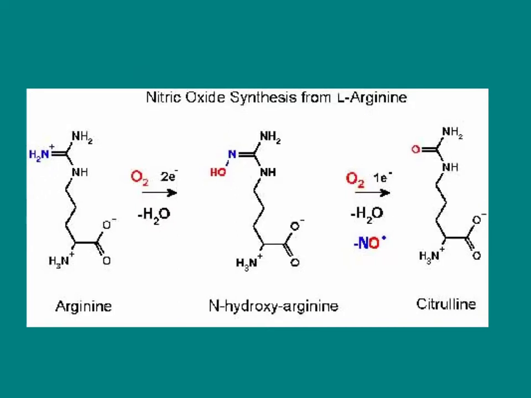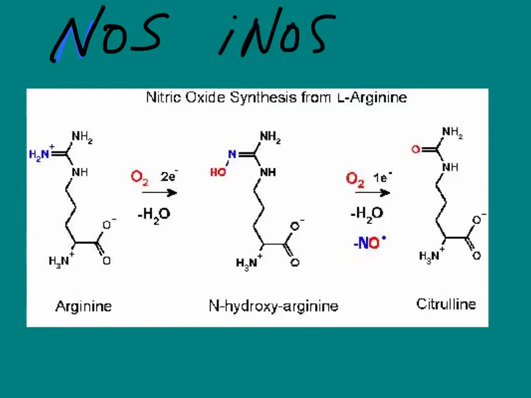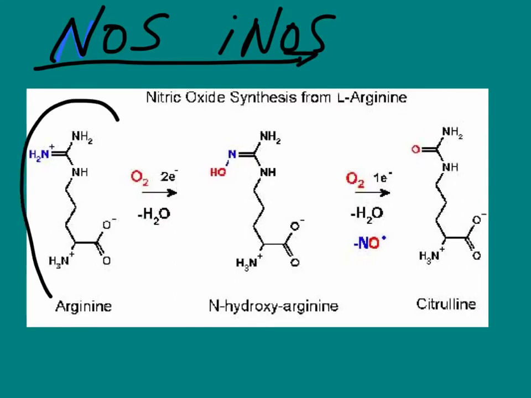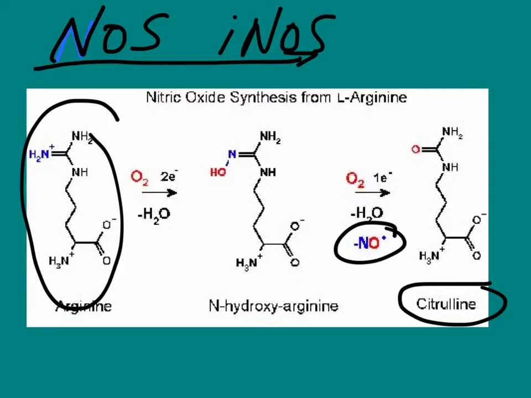Some of you may have seen this in reading. NOS or iNOS. That's nitric oxide synthase, and the i is inducible nitric oxide synthase. These are the enzymes that convert arginine into this molecule, citrulline, with the release of nitric oxide.